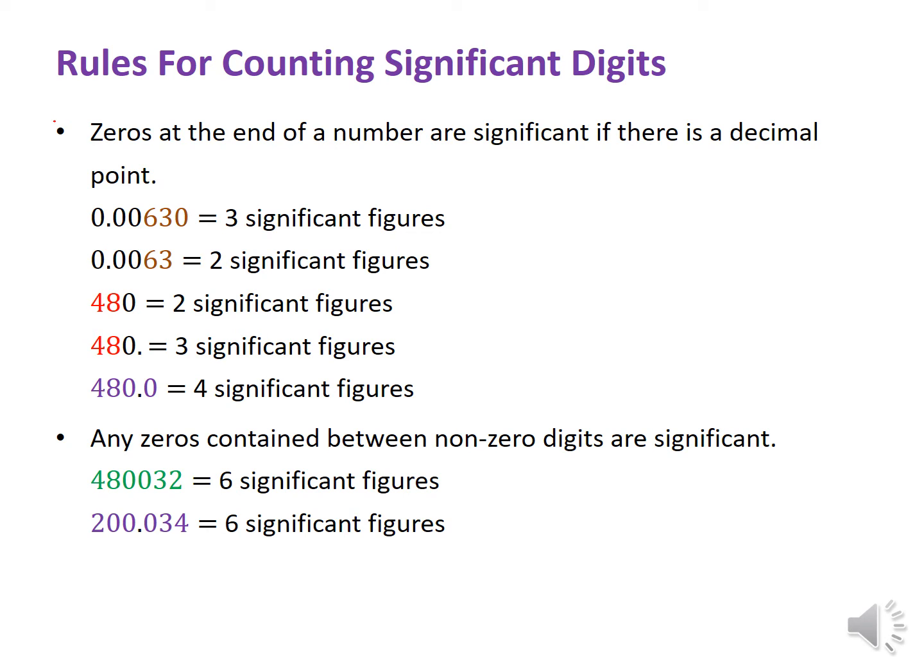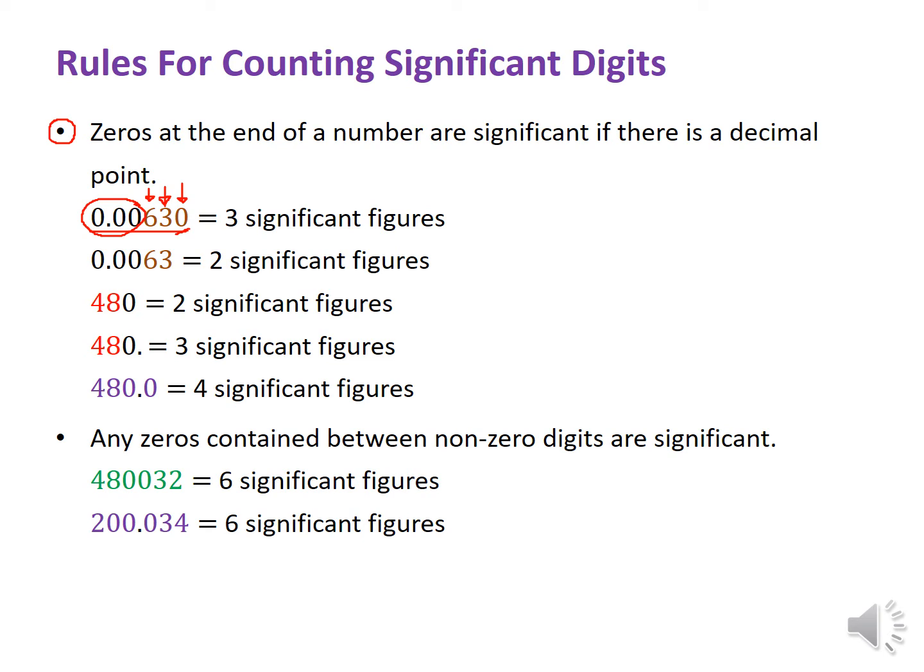The third rule is zeros at the end of a number are significant if there is a decimal point. So we have the number 0.00630. Here these zeros are leading zeros and these are not significant. So the first significant digit is 6, the second significant digit is 3, and it is interesting that this 0 is also significant here.